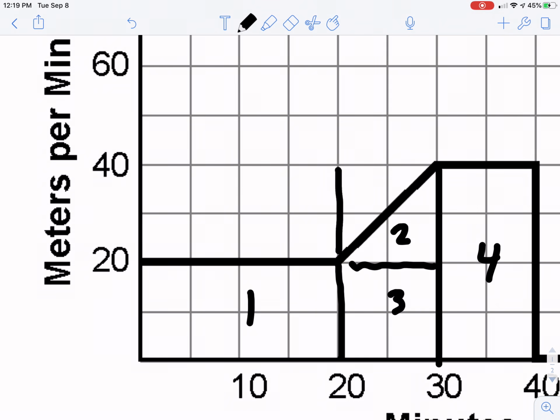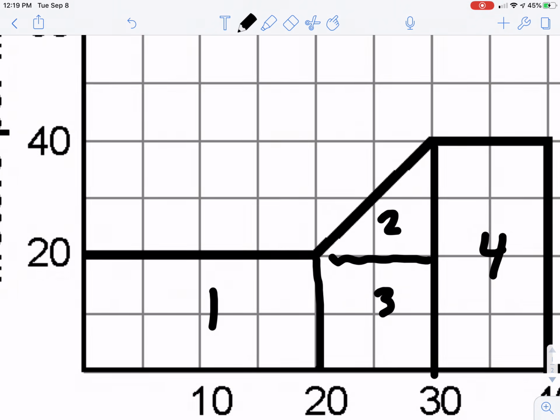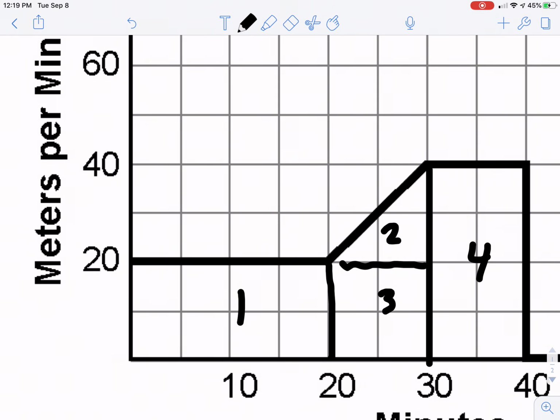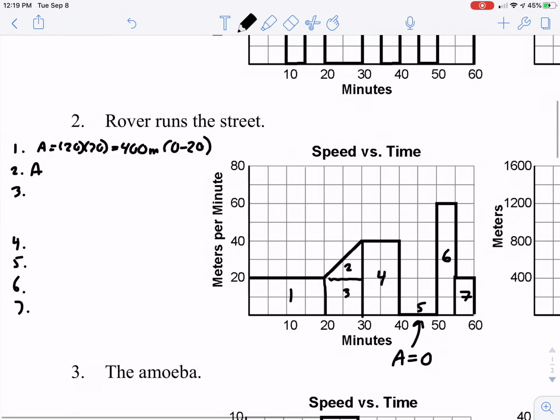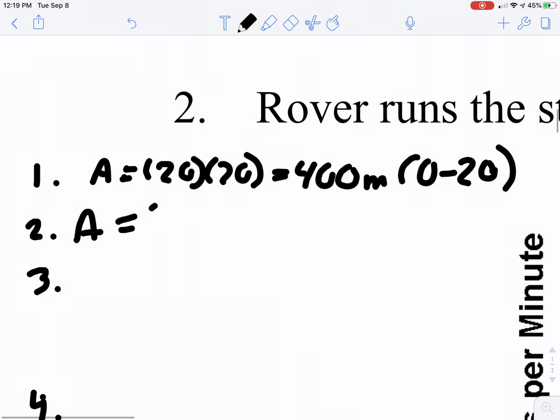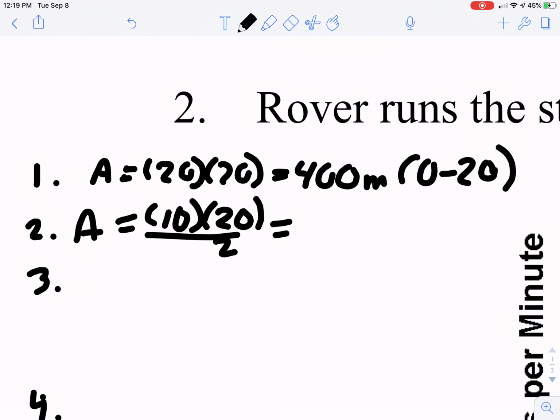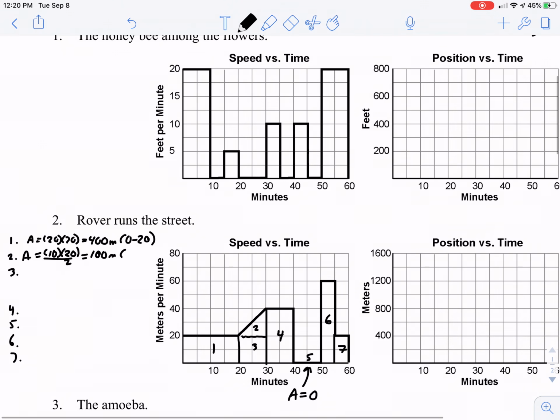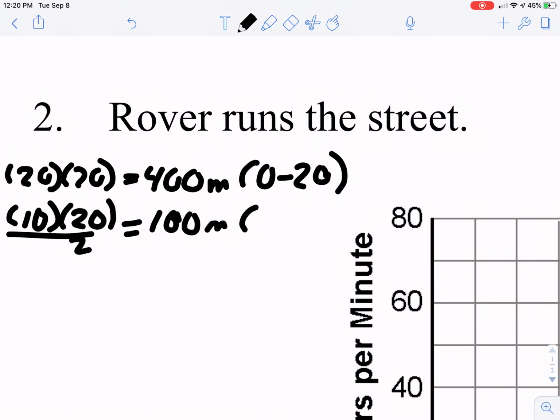So 20 times 10 would be 200, but then you have to take half of it because it's a triangle. So this one would be base times height, 10 times 20, divided by 2. So 200, take half of that, would be 100 meters from 20 to 30 minutes.